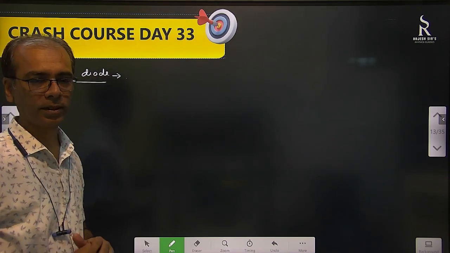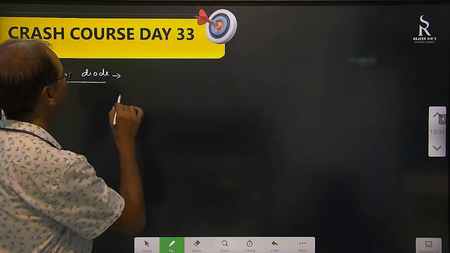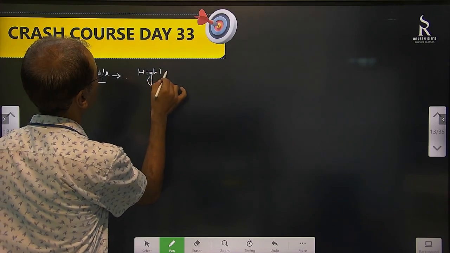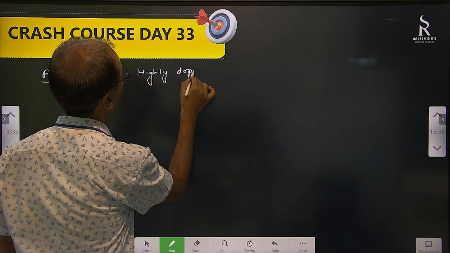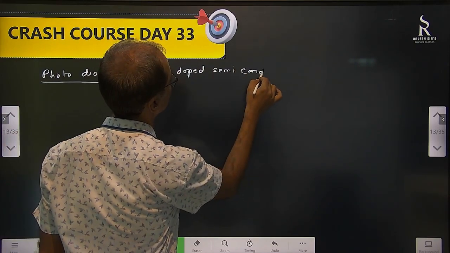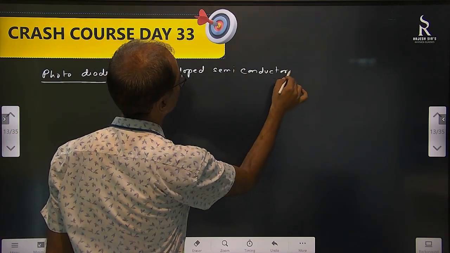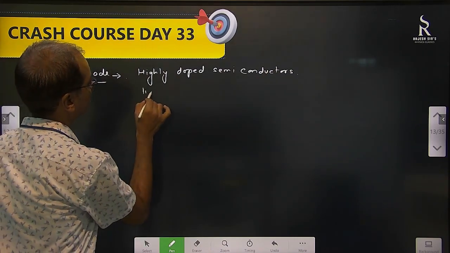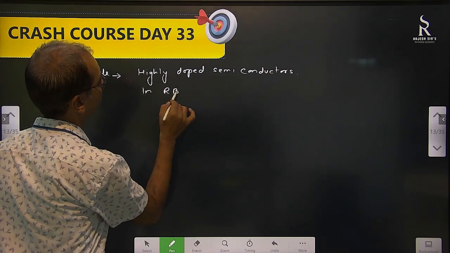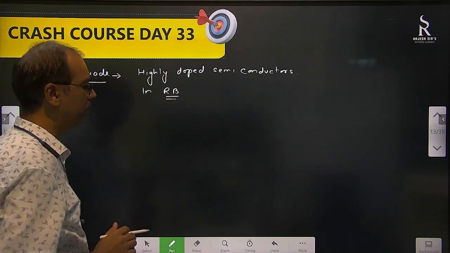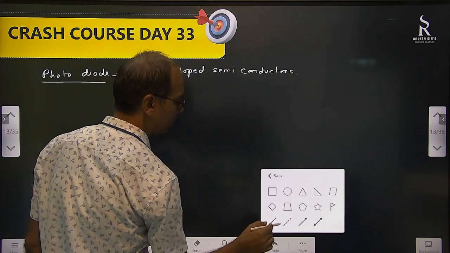We have reverse bias, and you have highly doped semiconductors. Now we have connected them in reverse bias. In reverse bias, we all know that the depletion layer will be very large.